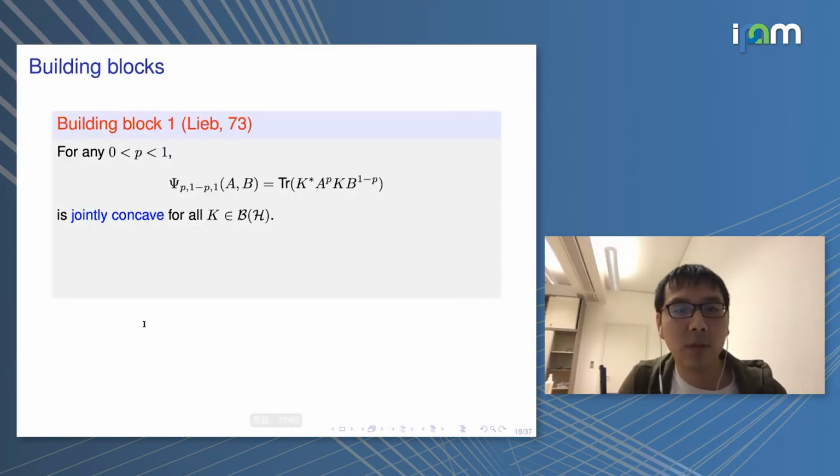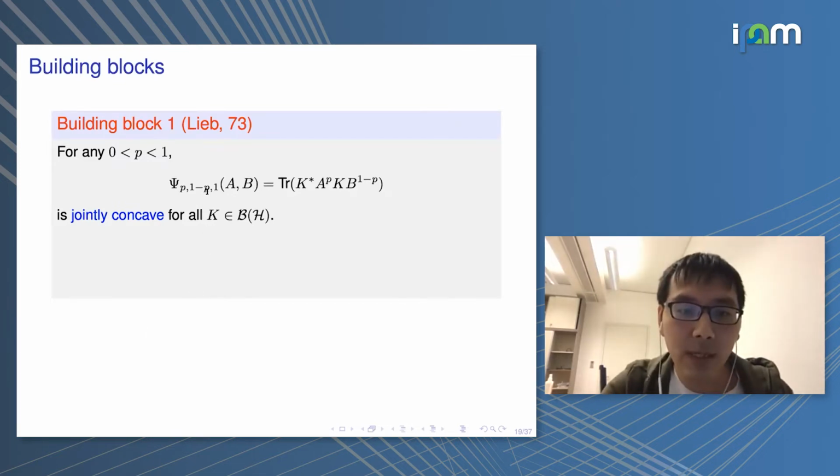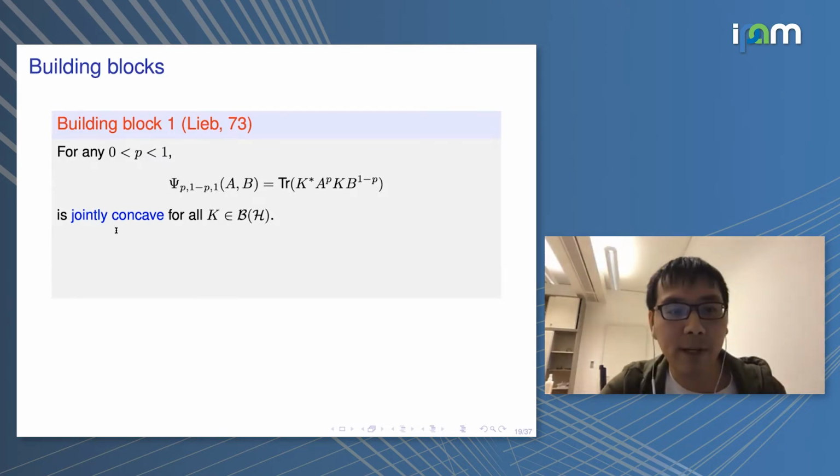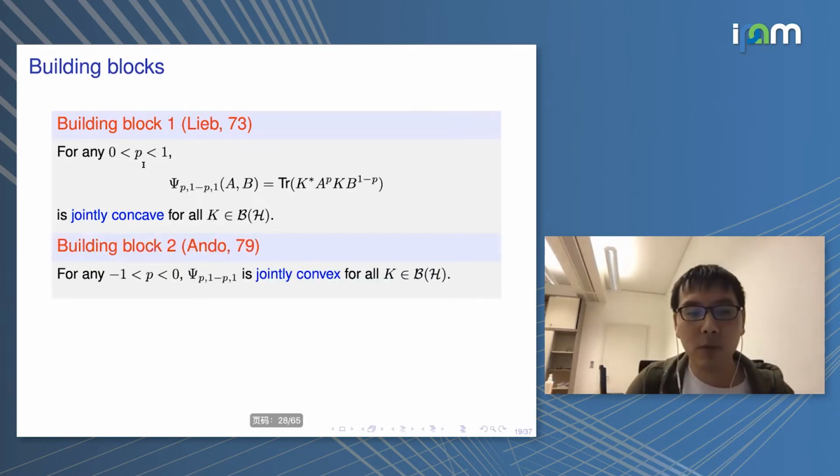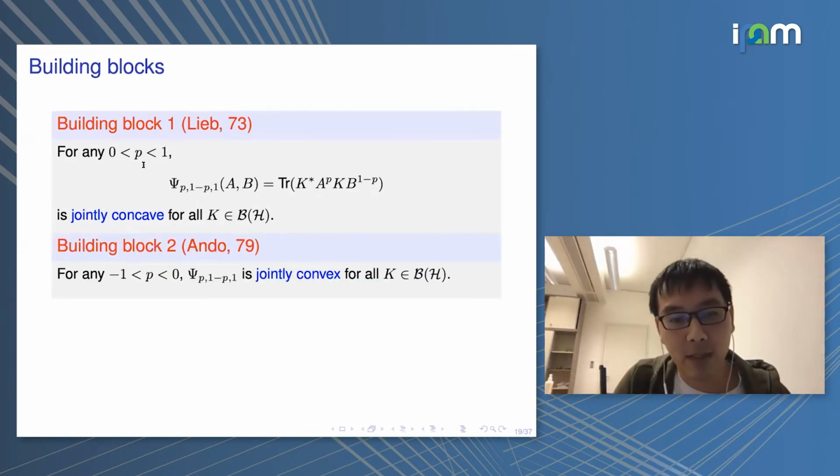The first building block is a particular case of Lieb's concavity theorem, namely psi P, 1, minus P, 1 is jointly concave whenever P is between 0 and 1. The second building block is a special case of Ando's convexity result: the same function is jointly convex when P is between -1 and 0.